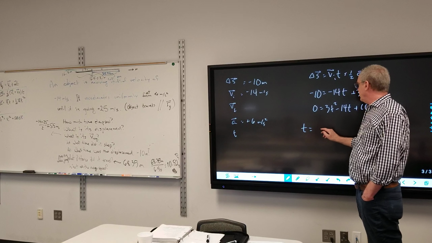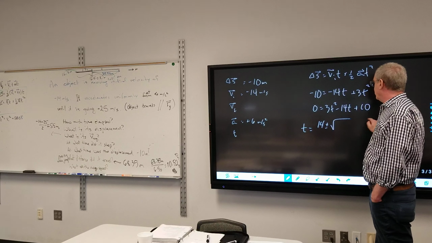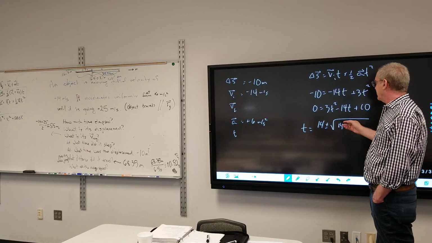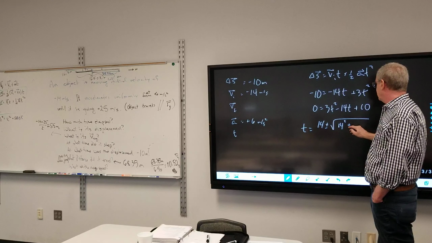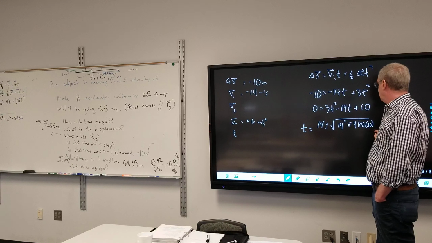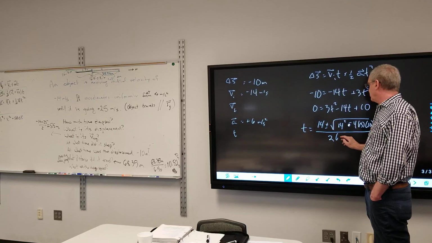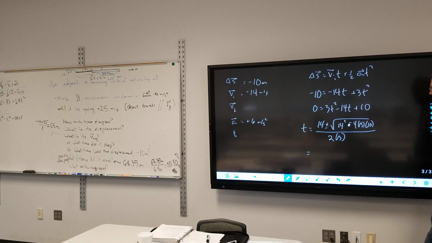So t is equal to negative 14 plus or minus the square root of, technically negative 14 squared, minus 4 times 3 times 10, divided by 2 times 3. 14 squared is 196.